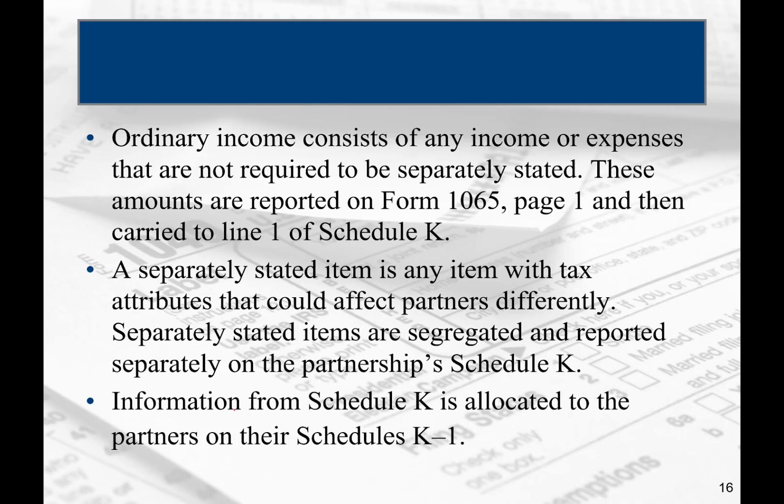Now, I'm going to spare us all of the detail as to how you would calculate the partner's percentage share, because it will depend on their beginning balance, their share of the income for the period, and any withdrawals they had, which gives you a new percentage. I'm not going to make us go through all that. We will simply be given whatever percentages they are, even if I ask you to calculate that, and just know whatever the percentage share is for each partner, that's what goes to each partner's K1, right? So the K is 100%, and the K1 is based on the distribution requirements per the partnership agreement, etc.